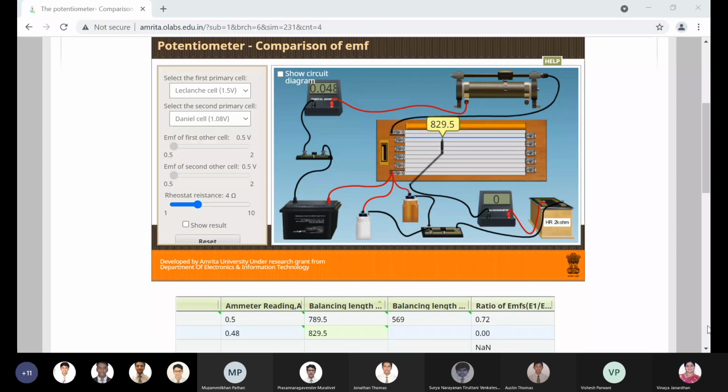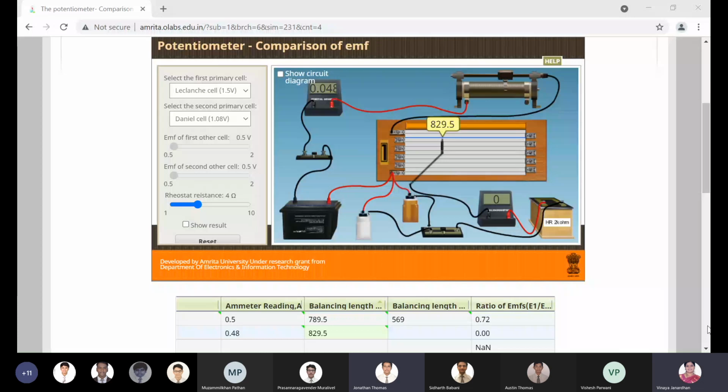Ma'am, after the theory part, we have to write materials required? Yes, materials required, whatever you have. Finish it fast, boys. I have to recheck that also and assign marks for you. Ma'am, after the observation table, what should we write for the conclusion?